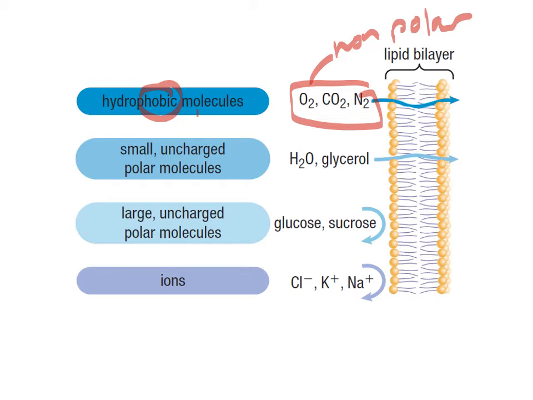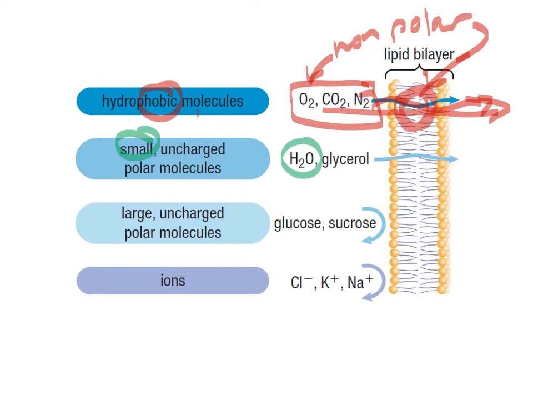You can get them to go in water, but the water's not particularly attracted to them. They're pretty easy to get through the cell membrane because remember, the inside of the cell membrane is also non-polar. And so if you have a non-polar molecule, as long as it's relatively small, it has no problem getting through the cell membrane. Also, if the molecule is small, like water, even if it is polar, as long as it's small enough, it will also be able to get through the cell membrane.